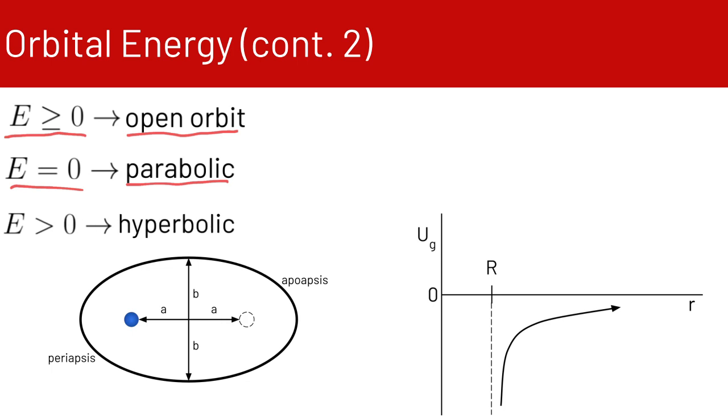And when E is greater than 0, we have a hyperbolic orbit. So here we're talking about when we have energies up above the 0 point of this graph.